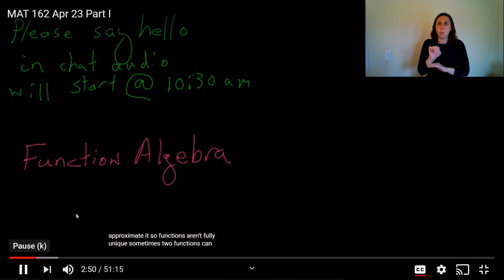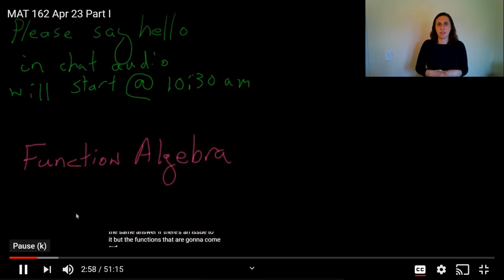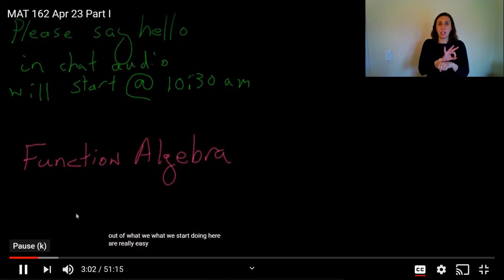Two functions can have the same answer-ish. There's an ish to it. But the functions that are going to come out of what we start doing here are really easy to solve calc problems to. They have a particular pattern in their shape and size that we can use them in the solutions for a lot of things.